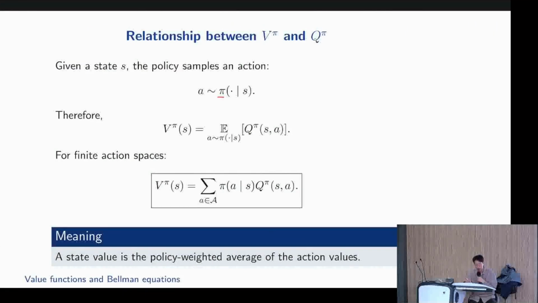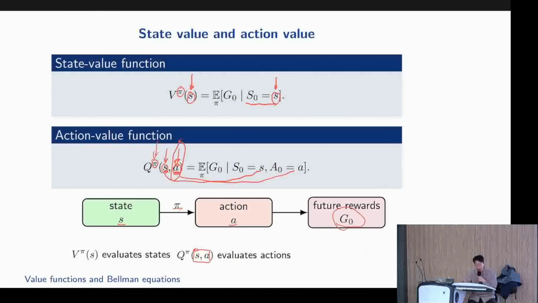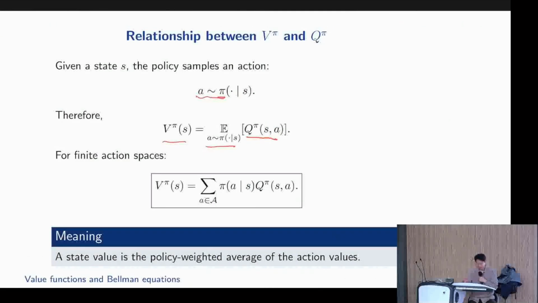So if we sample action from this policy, Q, if we take expectation over A under the policy distribution, that's equal to the value function just by how we're constructing V and Q. They're related. And in case you have finite action space, we can explicitly write the expectation as sum of all actions weighted by the distribution pi. So the meaning is state value function V is policy weighted average of action values.